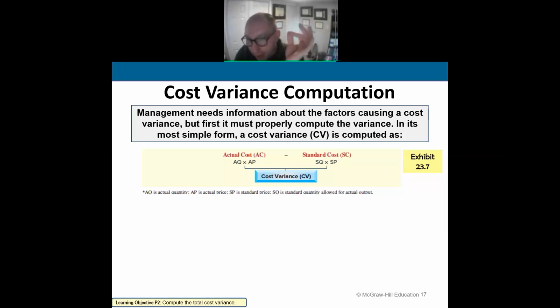That gets me my actual cost. How do I find standard cost? I take my standard quantity times my standard price to get standard cost. My total actual cost minus my total standard cost equals cost variance.